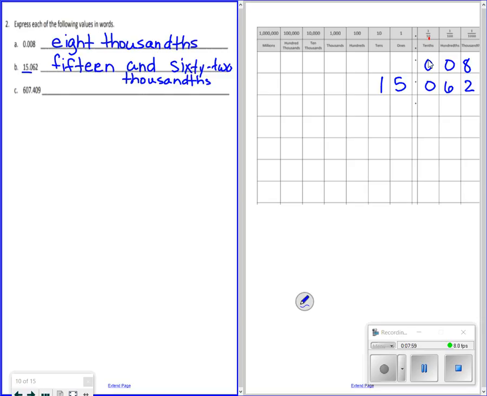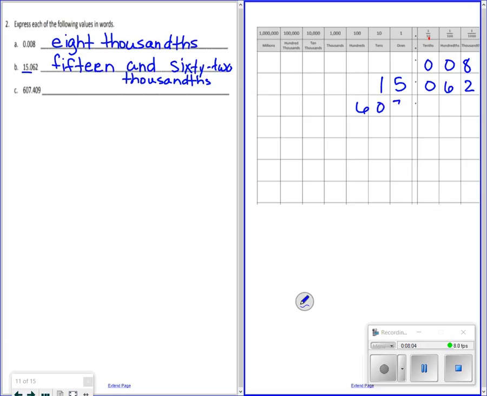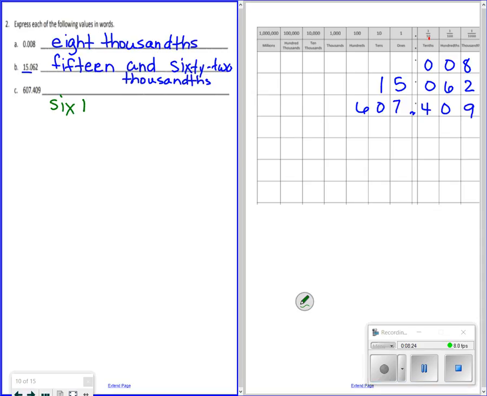All right. So this big guy right here, 6 0 7 4 0 9. How do we say that? I think there was some struggling with having to retrain that brain. And I know you got it right because you asked me. Okay, how did you say that, Mia? 607 and 409 thousandths.